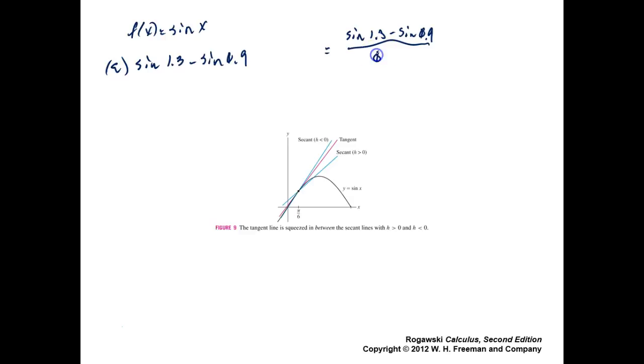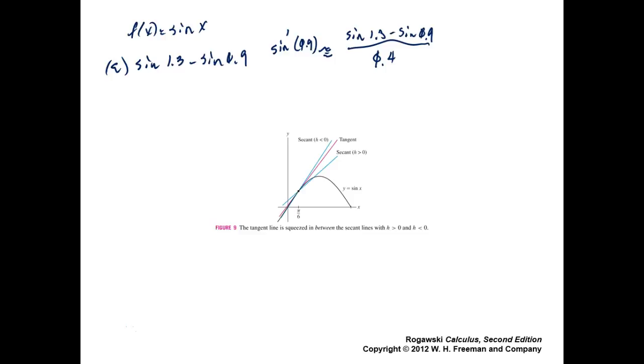So that would be 0.4, right? And this would be an approximation to the derivative of sine evaluated at 0.9. Okay?